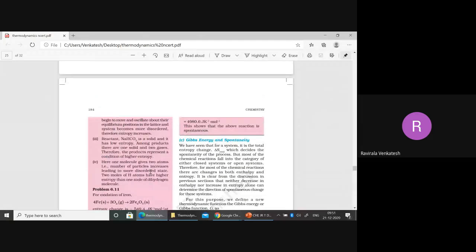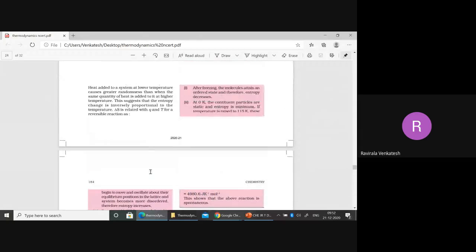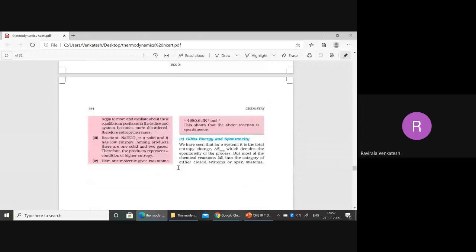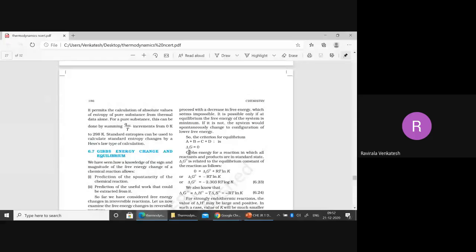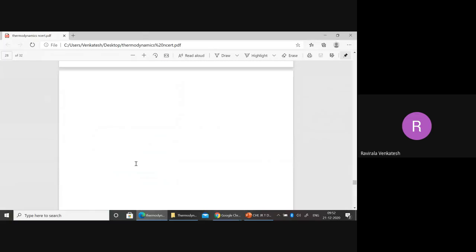Whichever solved problems are there, you can easily ask me. All of you try whatever solved problems are there in the pink box. This box, whatever they have given, you solve this one. If you get any doubts, tomorrow we'll discuss that. We'll do the exercise problems now.